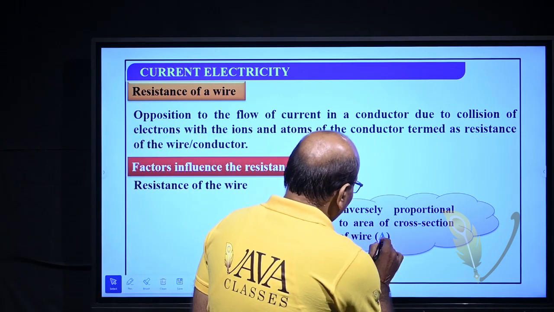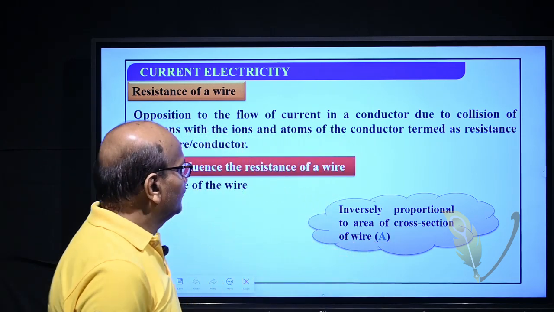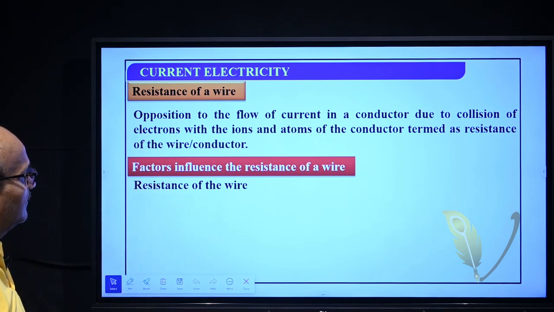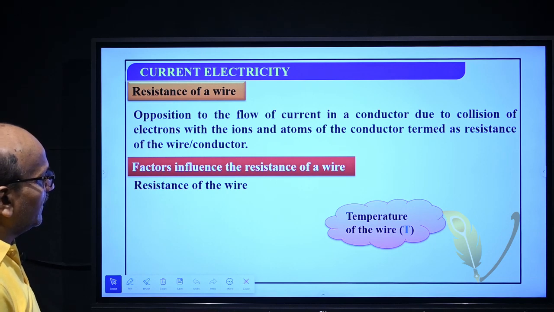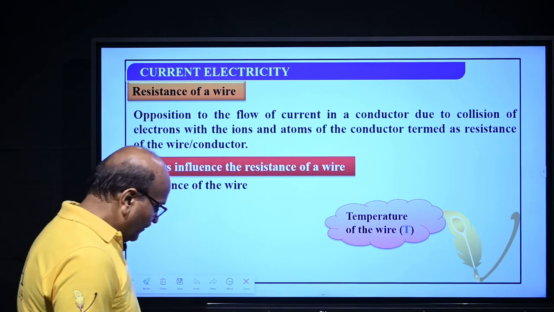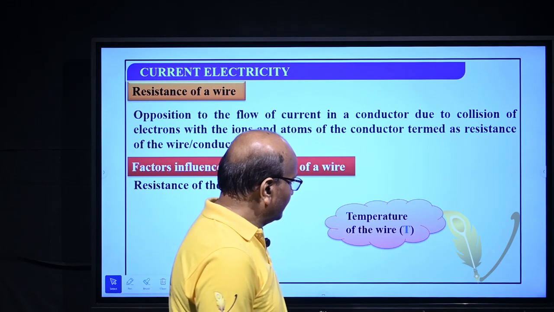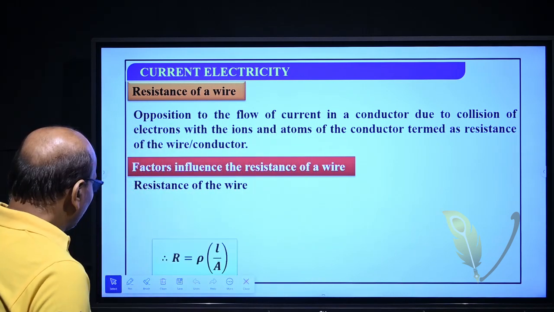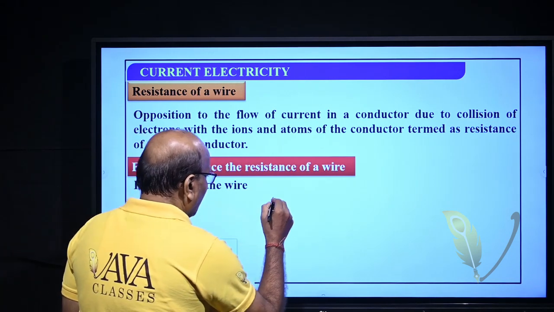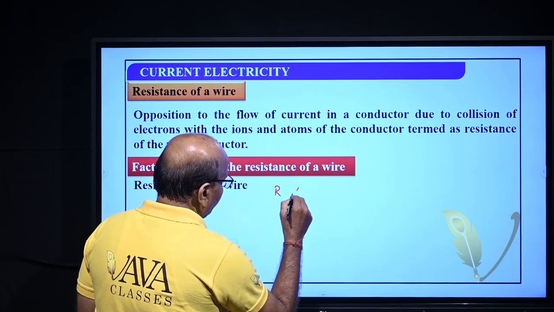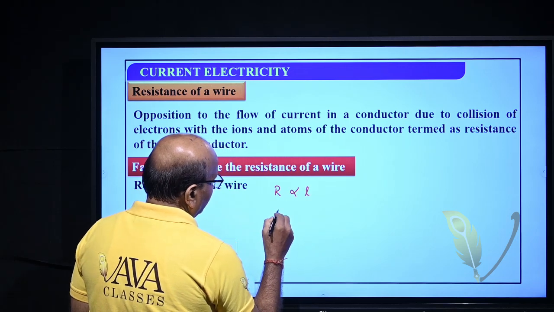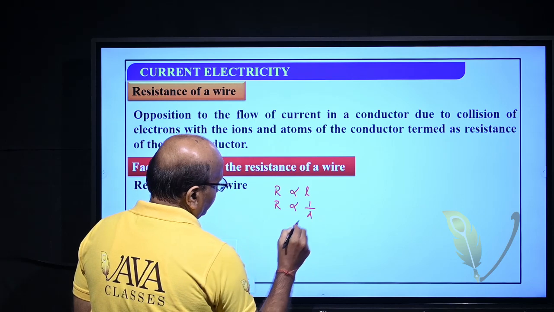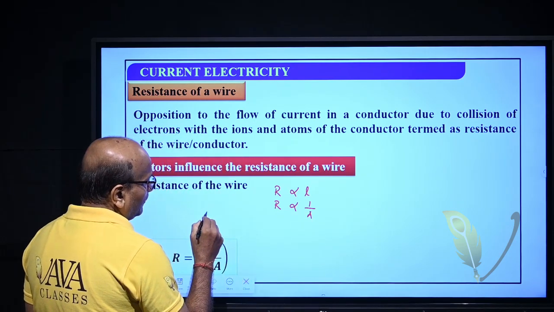If A is the area of cross section, R is inversely proportional to A. Another quantity that resistance depends on is the temperature of the conductor or wire. Therefore, R is directly proportional to the length of the conductor, and R is also inversely proportional to the area of cross section of the conductor.